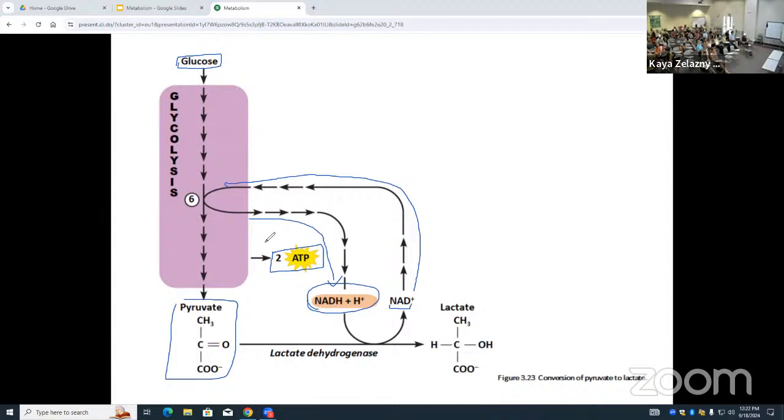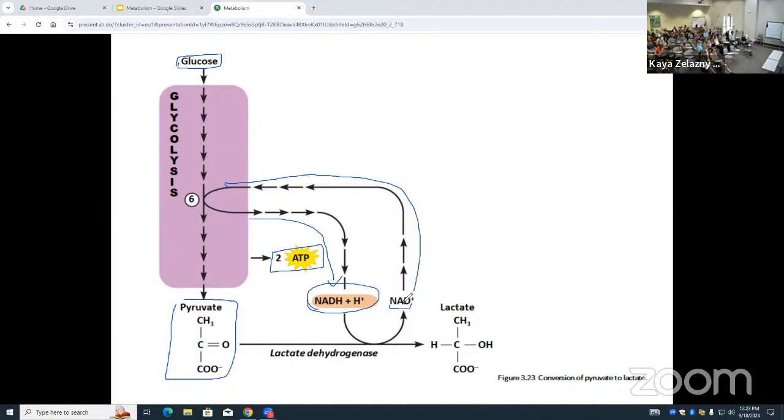So the way we do it is we run another separate kind of side process. Instead of taking that pyruvate and moving it into our mitochondria and the linking step going into the Krebs cycle, right? Think about it as like our mitochondria is broken. We don't want to do any of that. So we're going to use that pyruvate to regenerate that NAD+.